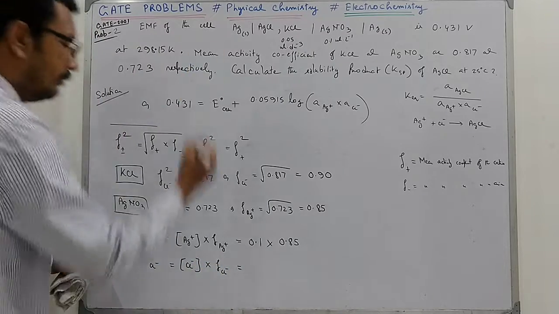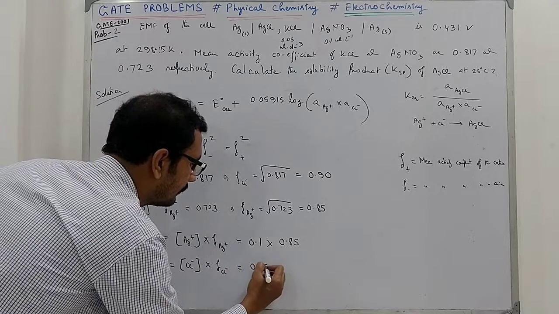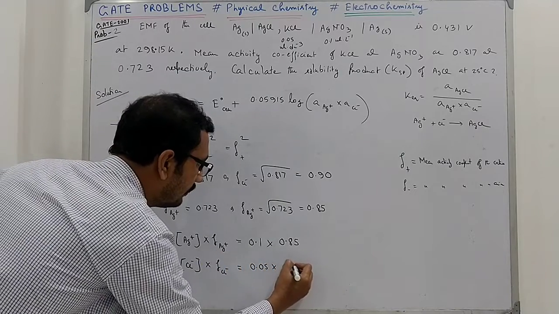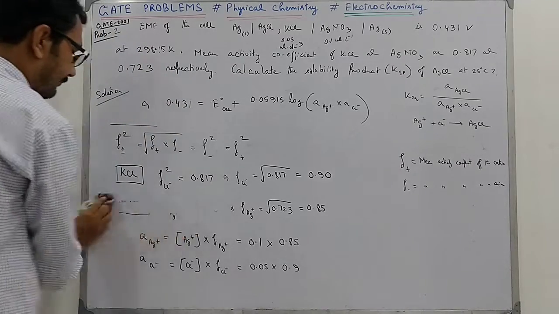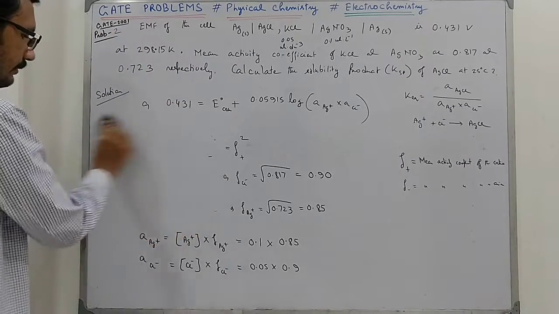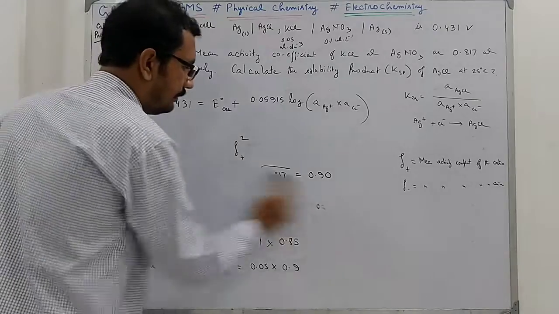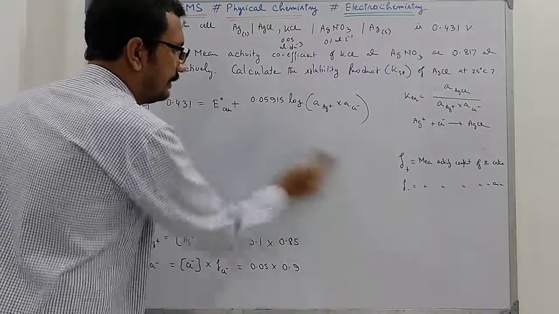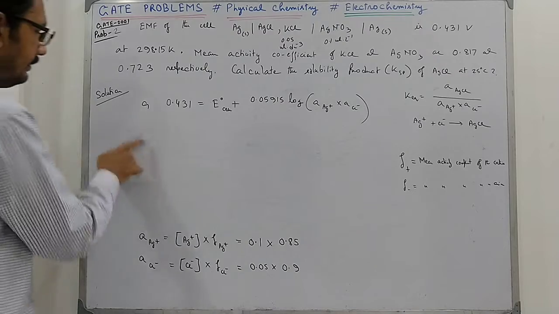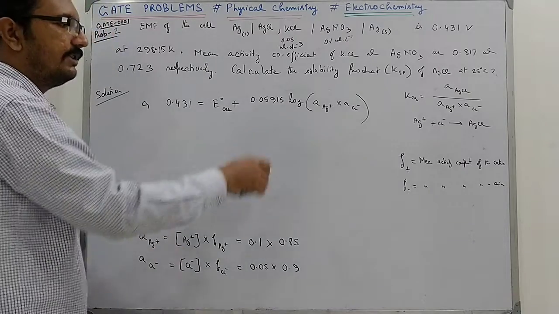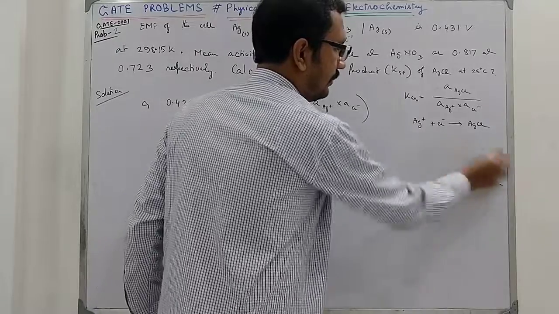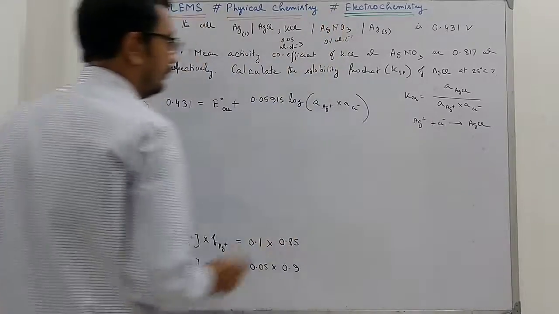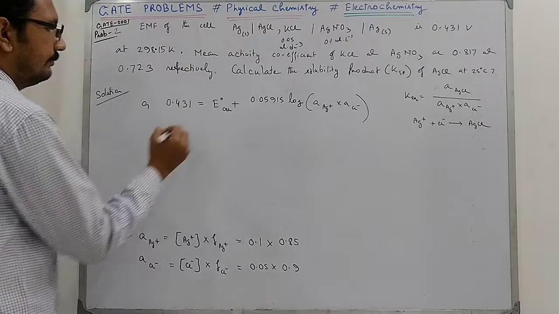So it will be 0.05 into 0.90, that is 0.9. So we get the values of activities. How to get this mean activity coefficient and what it means, I will get back to you in another lecture in future, so that I can make it clear to you.